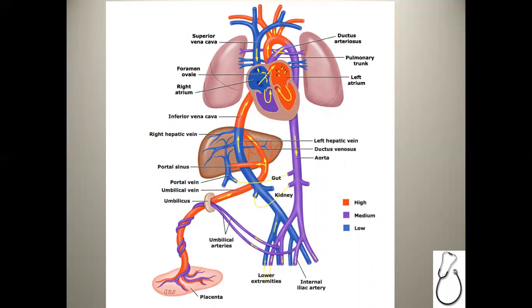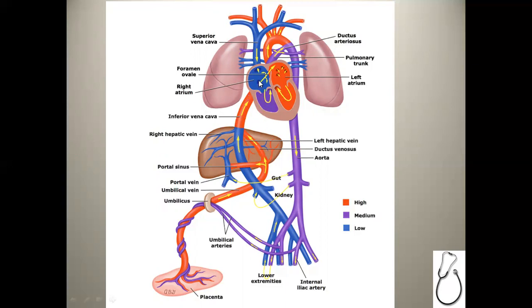Where it will be mixed with the poorly oxygenated blood from the lower part of the body. This combined blood of the inferior vena cava will enter the right atrium.